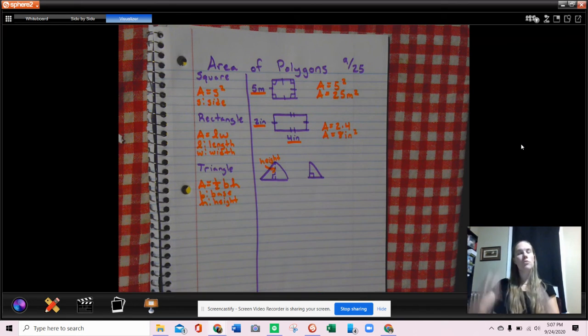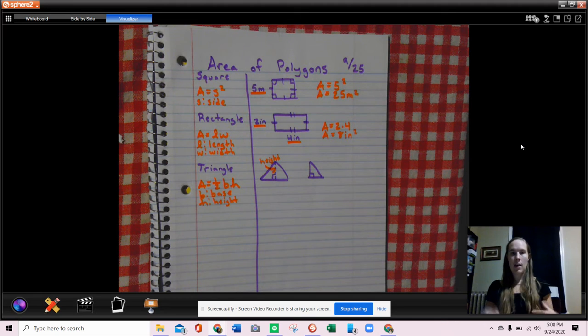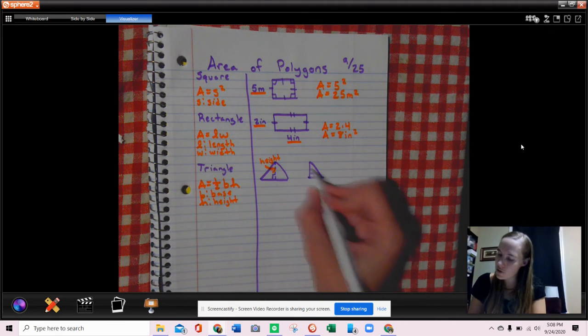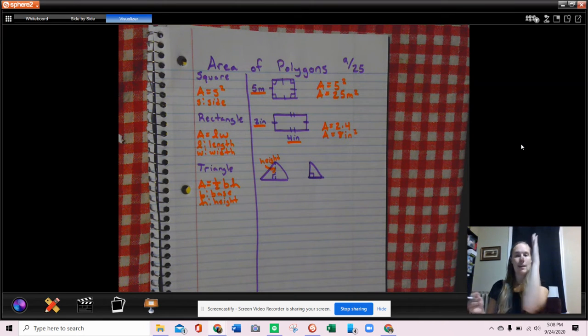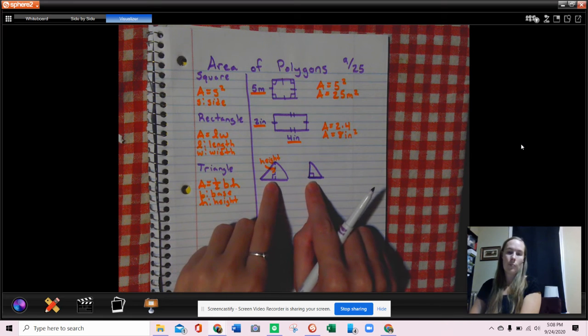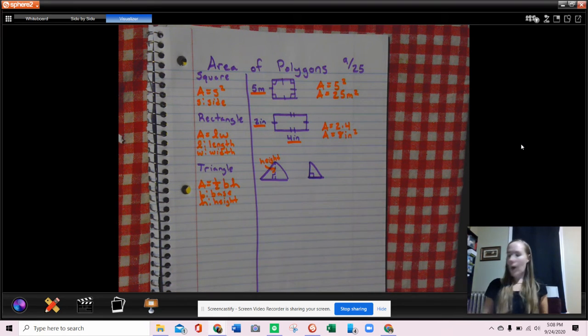You can't just do 2 sides together because that will not give you the area you want. Unlike on this right triangle, you can do these 2 sides because the side like this, that is your height because it comes down at a right angle. So I'm going to use this one.